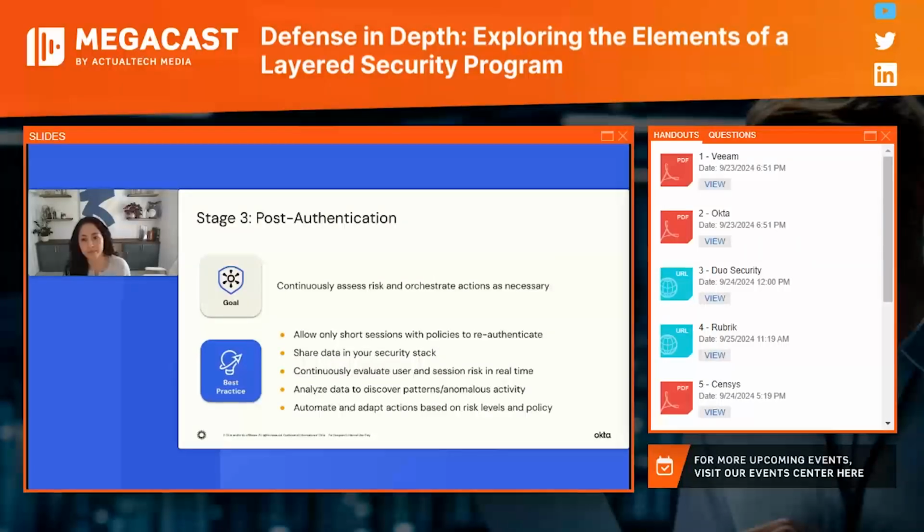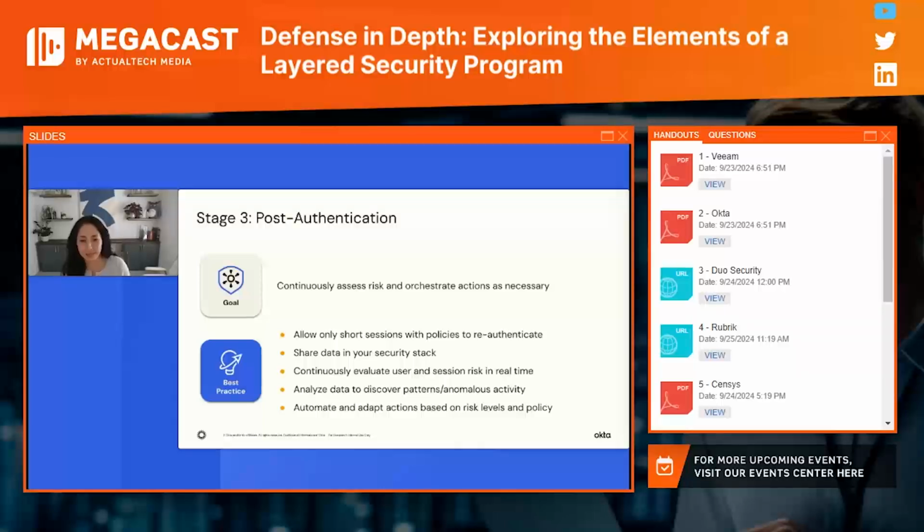And because attacks don't just start or stop after a user's been authenticated, identity verification also shouldn't start and stop at authentication. It's becoming more common for attackers to hijack a legitimate session after a user is authenticated. And I gave you a couple of examples earlier.